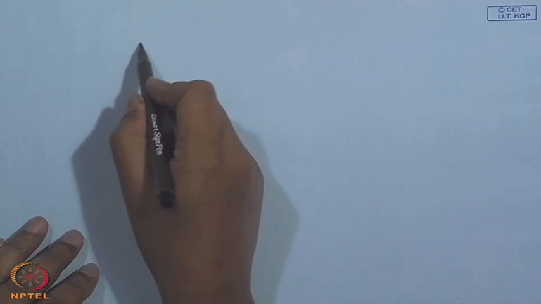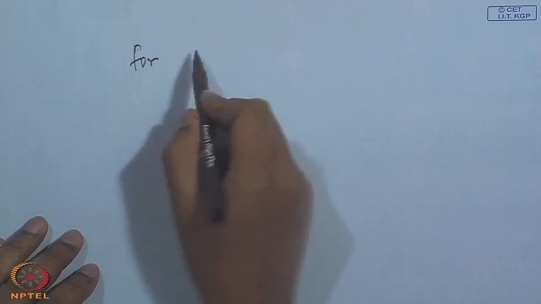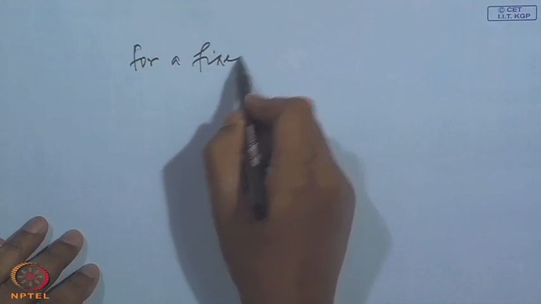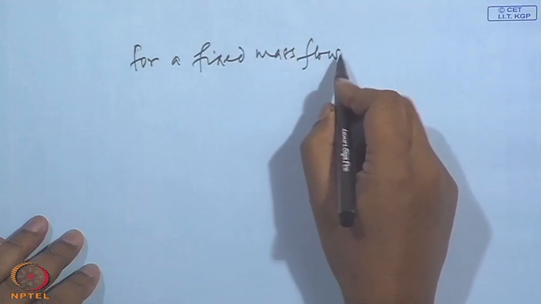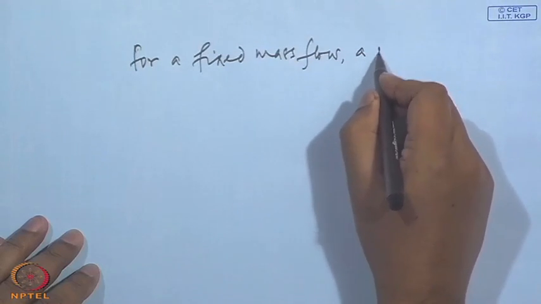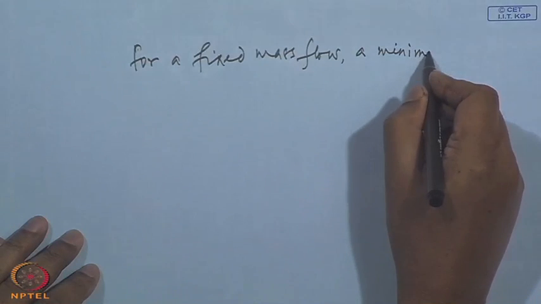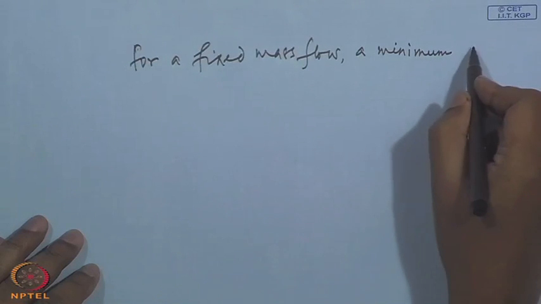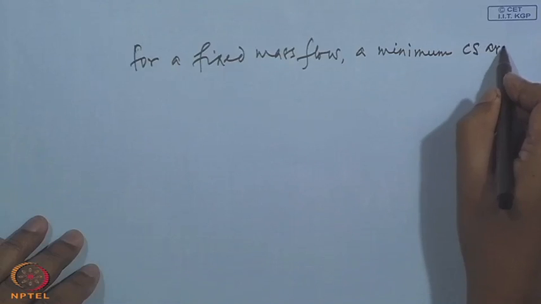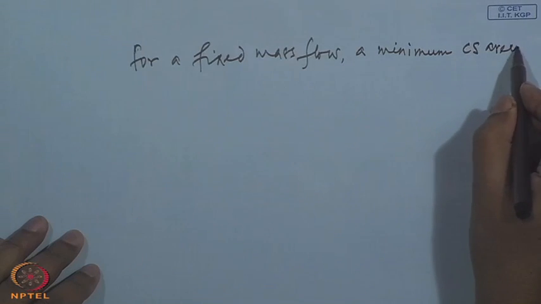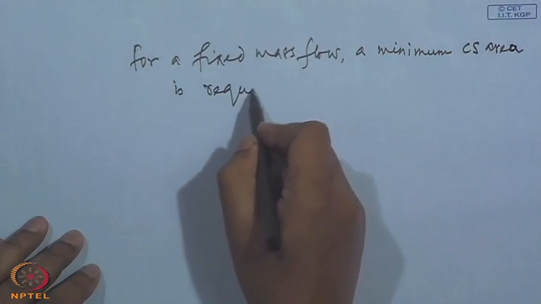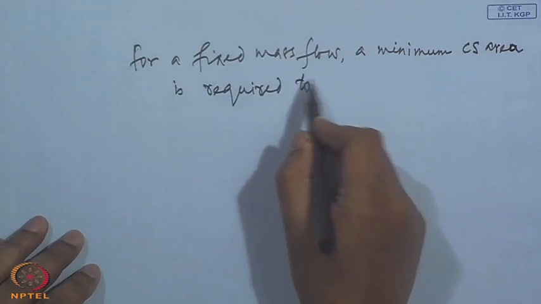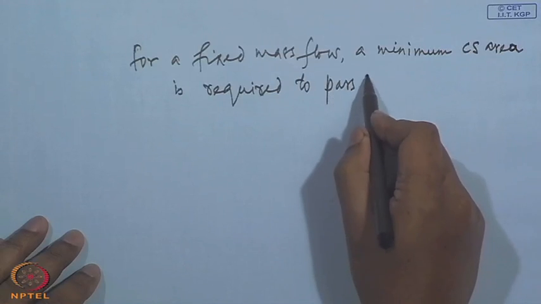That is, for a fixed mass flow, a minimum cross sectional area is required to pass the flow.